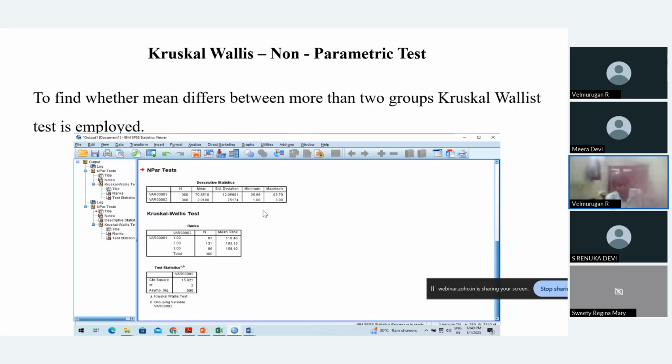It may be 3, 4, or 5, depending on how you have framed it in the questionnaire. So if you want to measure the mean difference between two groups, you can employ either the independent t-test or Mann-Whitney U test. If you want to measure whether the mean differs across more than two groups, you can employ analysis of variance, or the equivalent non-parametric Kruskal-Wallis H test.